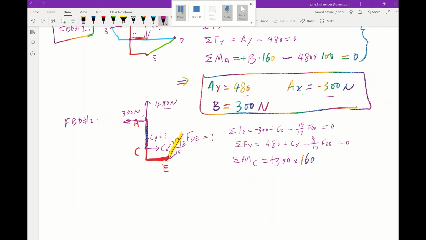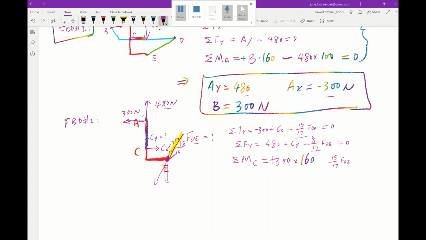Then we just need to look at FDE here. Even though FDE is written this way, I can feel free to move it over here. Why is that? Because it's applied at E here, right? So when you look at this force, which is slanted, you decompose it into X direction and Y direction like how you did over here. Now let's look at the X direction force, which is 15/17 FDE.